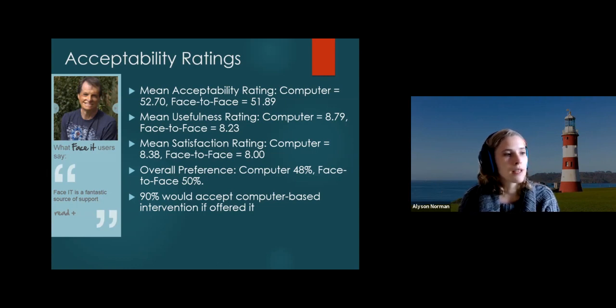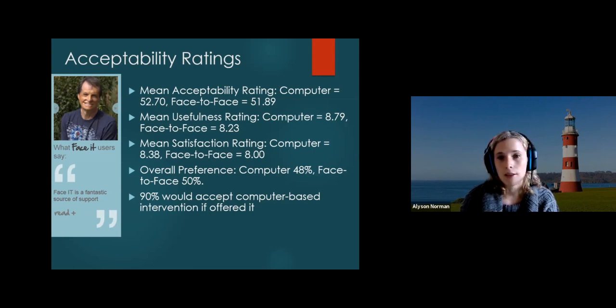We then asked individuals to say which they would have preferred. This was across the board. It didn't matter if they were in the control group, the face-to-face group, or the FaceIT group. We asked them what their preference for intervention would have been. And what we see is that it was a roughly even split between computer and face-to-face delivery.